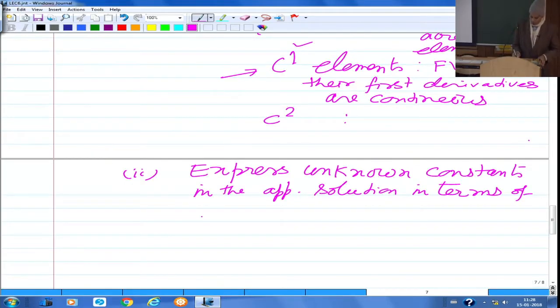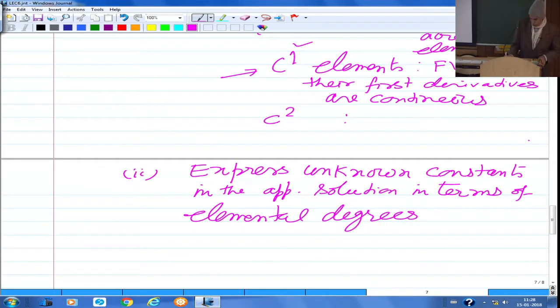I will talk about what those elemental degrees of freedom are. As I said, nodes must have primary variables as degrees of freedom, and an element might have multiple nodes, boundary nodes and also interior nodes.